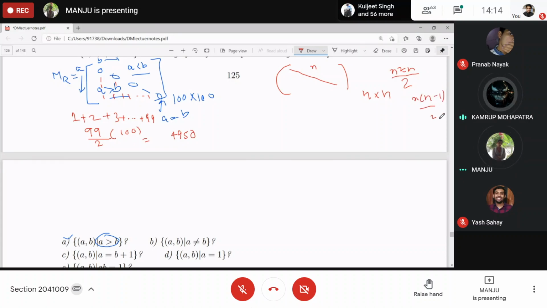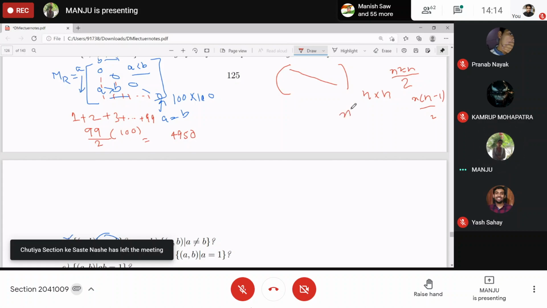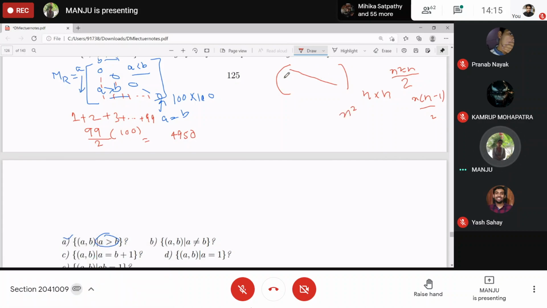Can you repeat? Total number of entries in the matrix are n square, right? A11, A12 and so on up to A1n, A21, A22 and so on up to A2n, and so on, An1, An2, Ann.